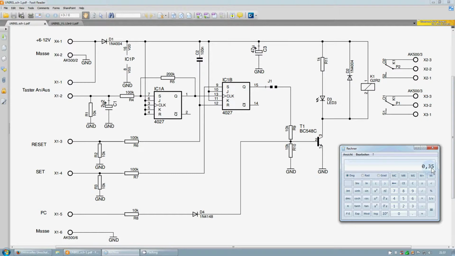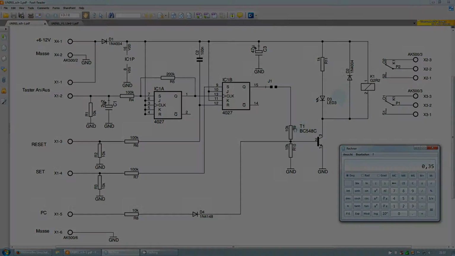Let's keep in mind that the base current needs to be about 350 microamps to energize the relay and switch the signaling diode on.